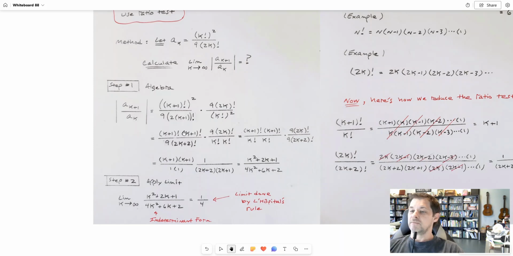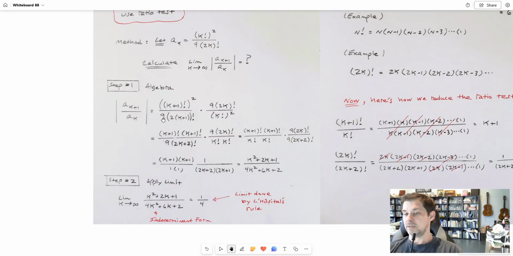Now, from here, here's what I anticipate happening. Like things are going to reduce out of this. So I'm going to just do a little rearranging. These fractions are multiplied, so I can move things around if I want to. It's not going to change the answer. So I can put the 2k plus 1 factorials right above those k factorials, because those things are going to interact with each other.